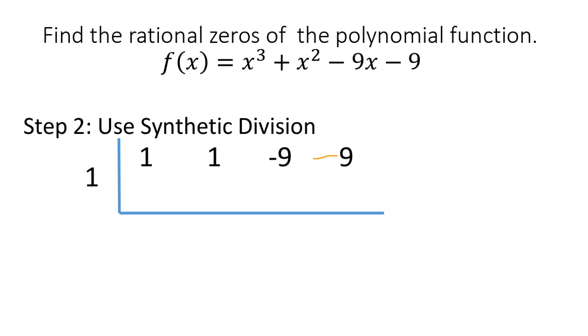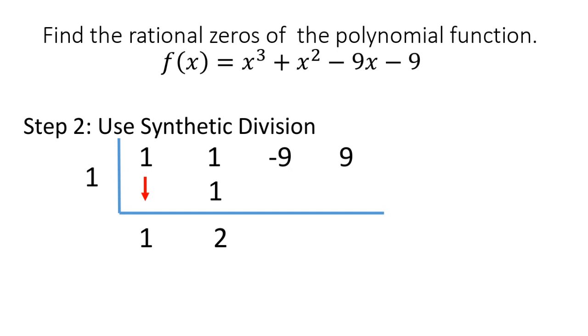So let's go ahead and do synthetic division. The first step of synthetic division is we bring down this 1. Then we multiply. 1 times 1 is 1, and we place it in the second column and add. 1 plus 1 is 2.